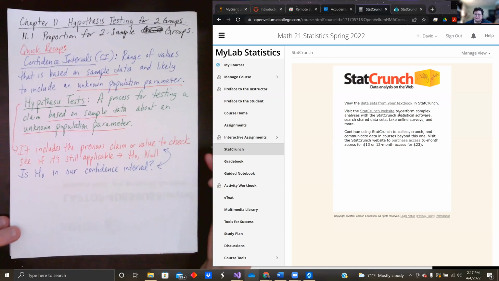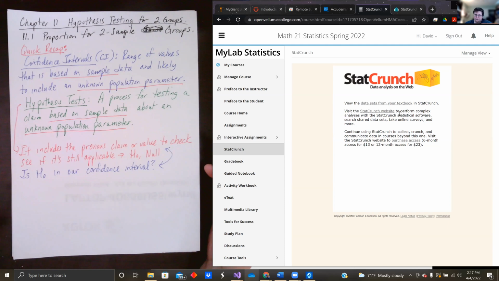H naught is a previous value, or what we think is the truth, so we have an equal sign for it. Now we have a new sample data set and a new range. Is that old value still in the range? If it's in the range, there's a good chance it's still possibly true. If it's not in the range, then it's unlikely. That's how they end up being connected.